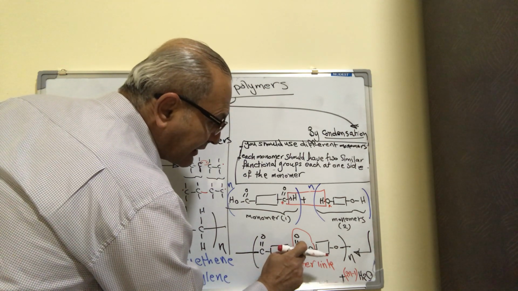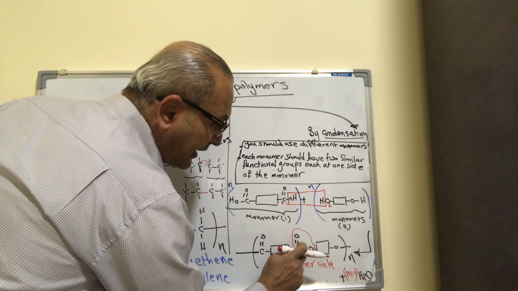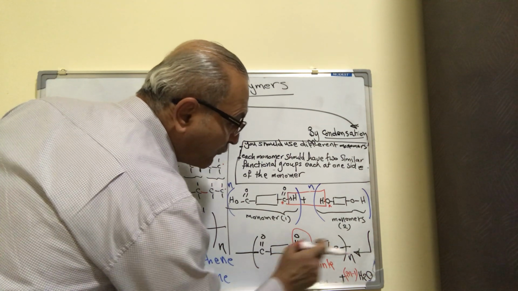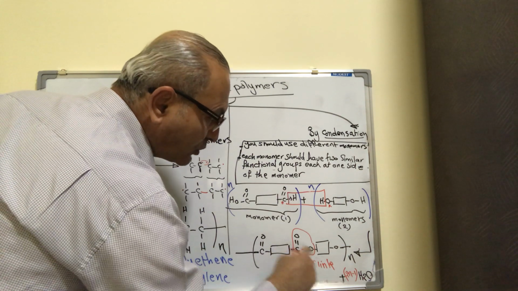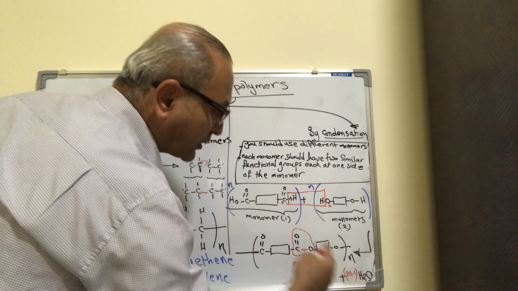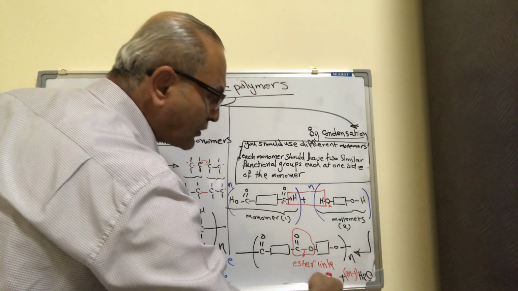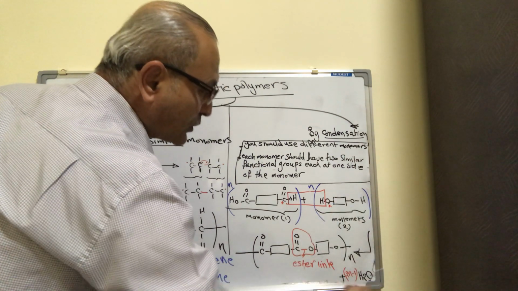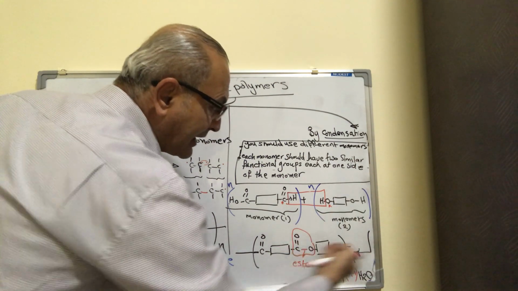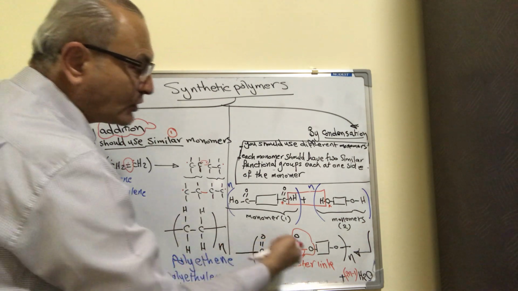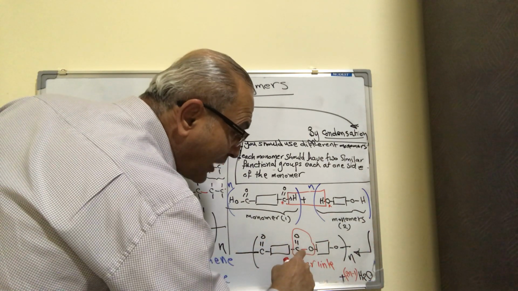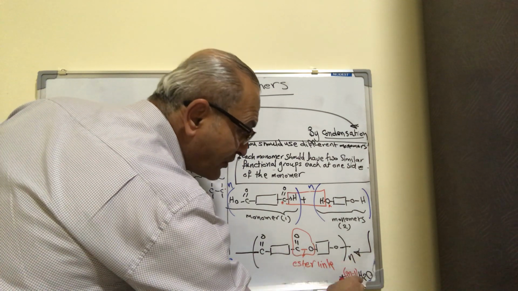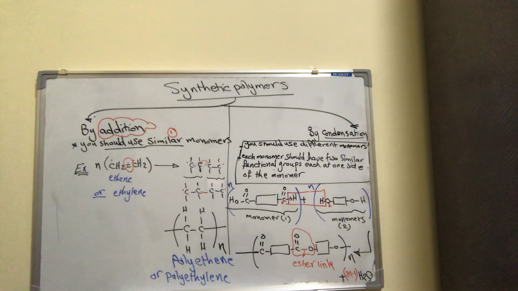Each ester link created would also give off one water molecule. 2 ester links would give 2 water molecules. 1000 ester links all over the polymer would give what? 1000 ester links would give 1000 water molecules.